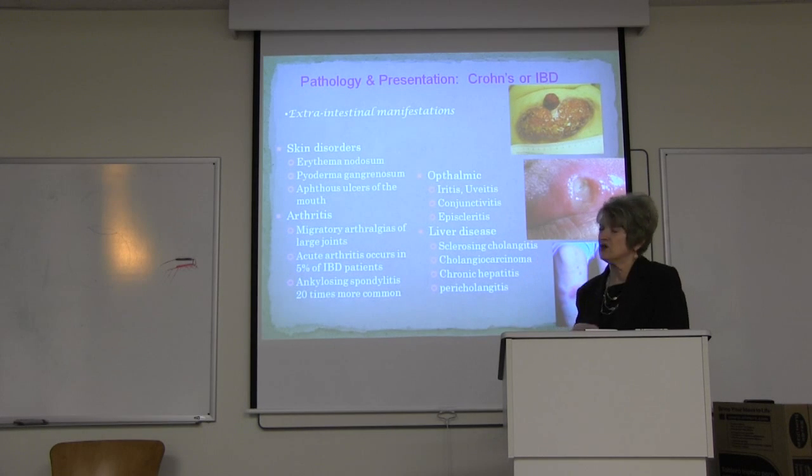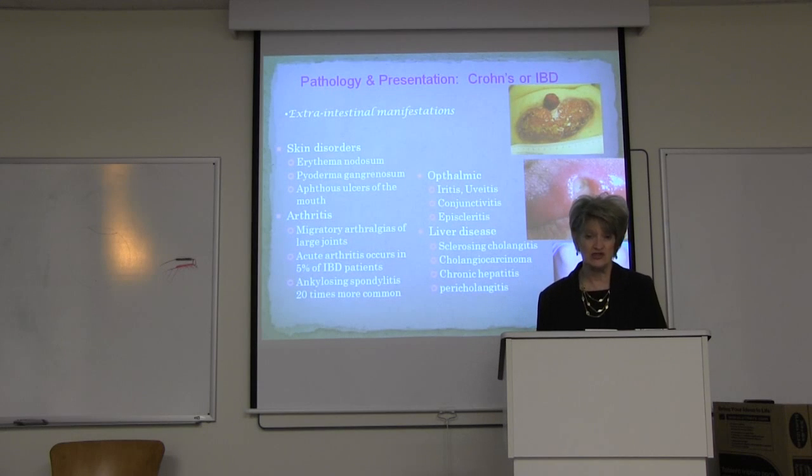You can have other things. You can have erythema nodosum. These are painful raised red nodules on the lower extremities. But we're going to focus on pyoderma because that's what we see the most. They can have joint pain. They can have a lot of inflammation involving the joints. A lot of times they'll complain of arthralgia, just joint pain.